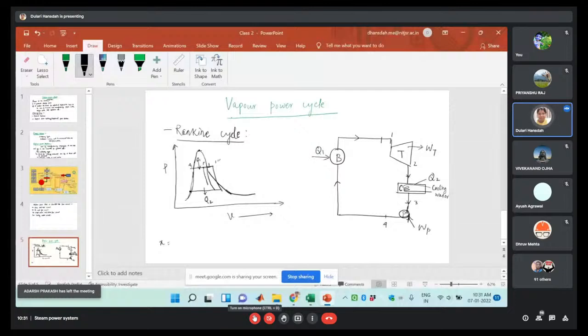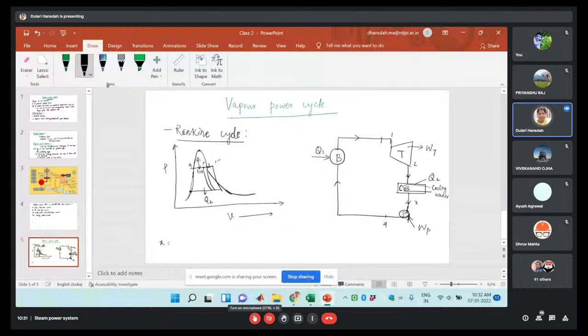Wet steam means the expansion will be within the wet region. From this point to this point, the condition of the substance will be from the saturated liquid to the saturated vapor. In between these two, that will be the mixture of liquid plus vapor.